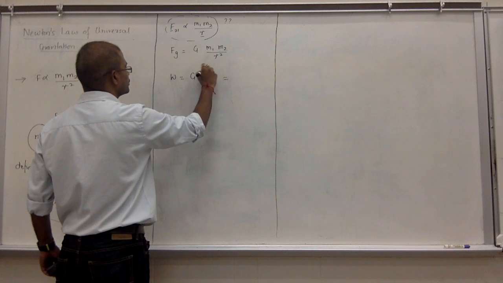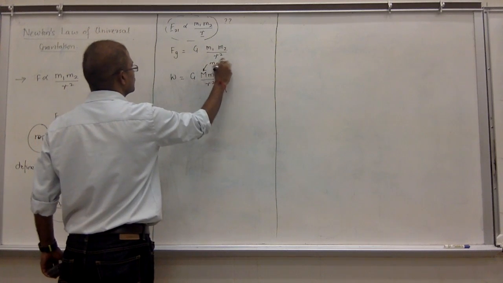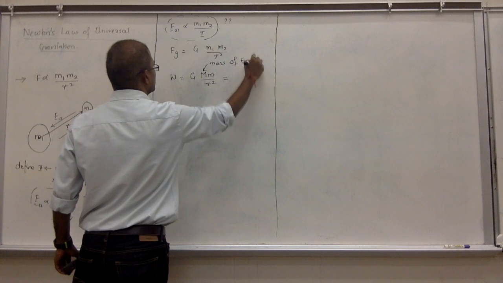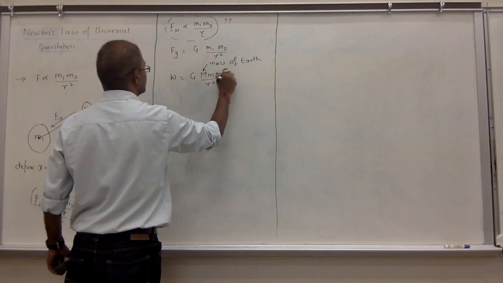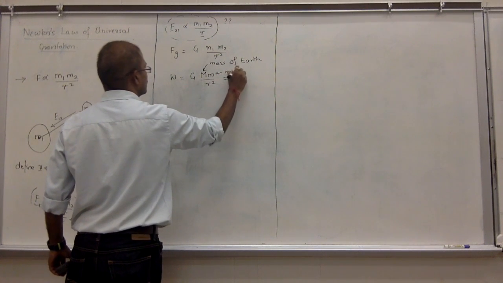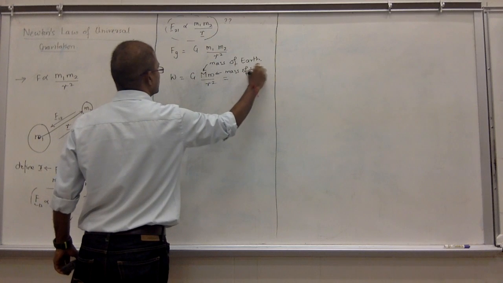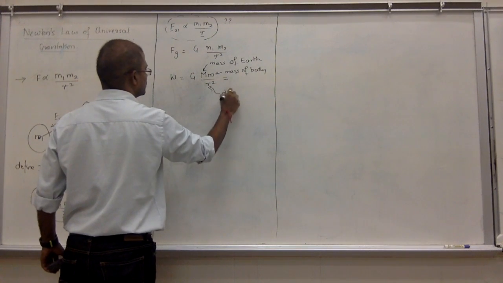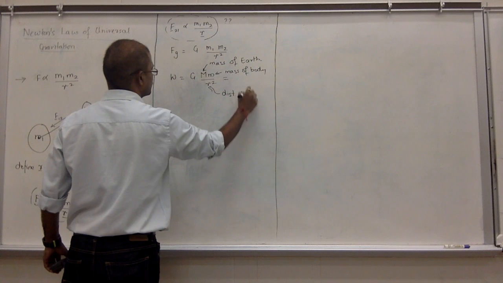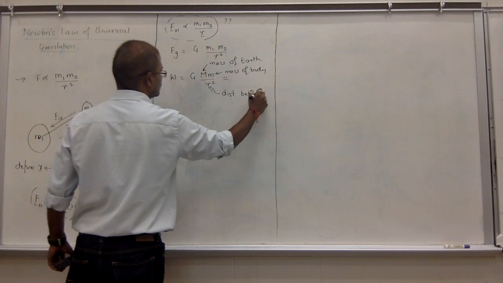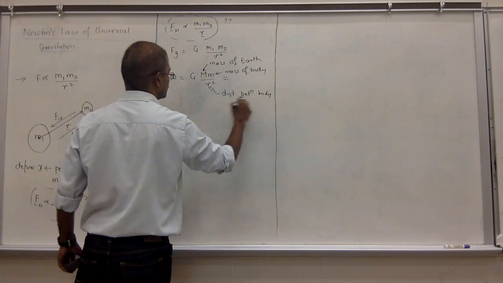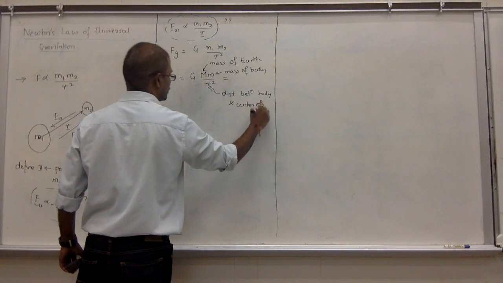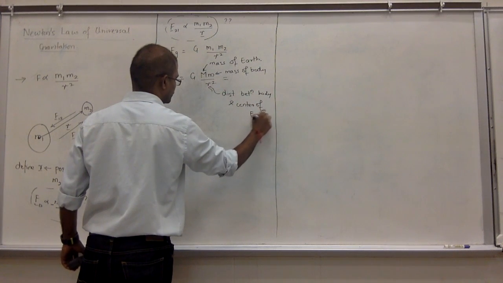This m is the mass of the body, and this R is the distance between the body and the center of Earth.